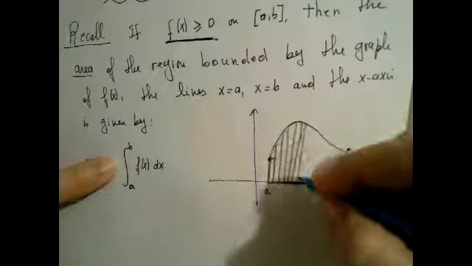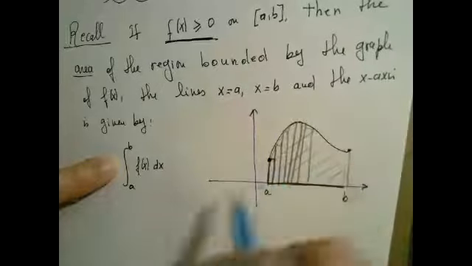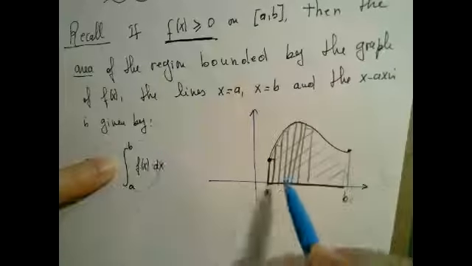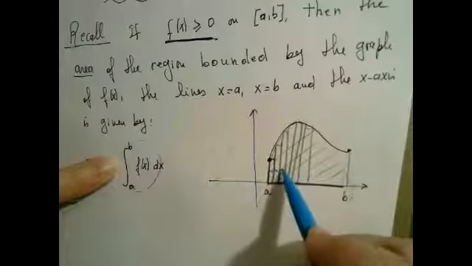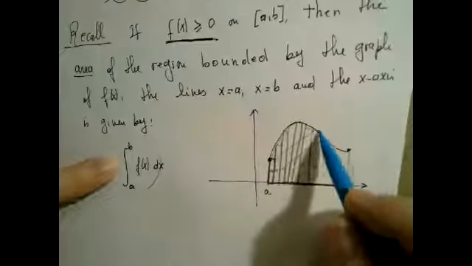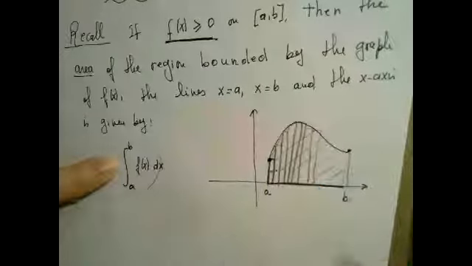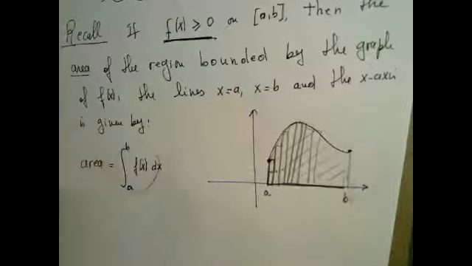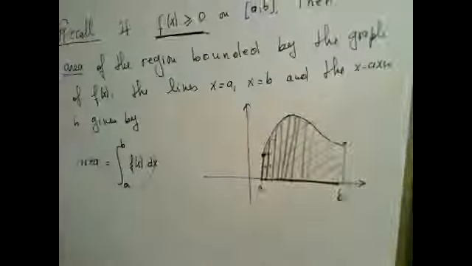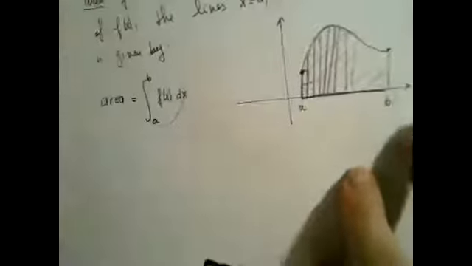As long as my function is absolutely positive, this definite integral is the sum of the area of those rectangles when we take a lot of subdivisions. So that's really what the area is. Okay. So for example, a fairly trivial example.